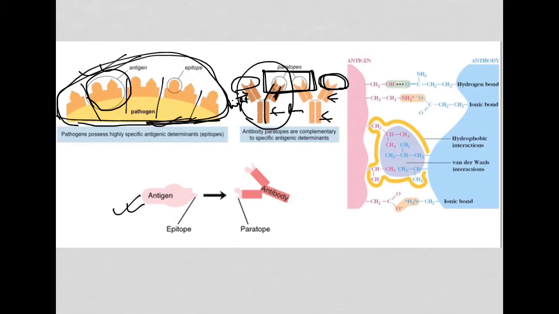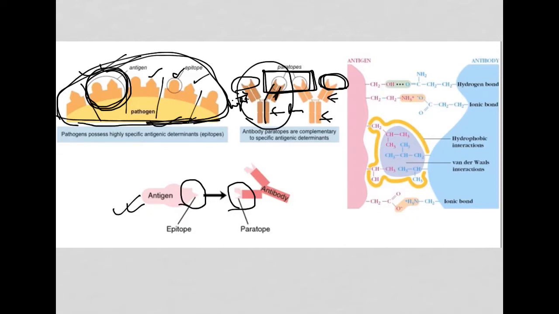So suppose this portion is called antigen, and this portion binds to a particular antibody, this portion and this portion. These two parts which bind to the antibody are known as epitope. So what we have learned, the portion of the antibody that binds to antigen is called paratope, and the part of the antigen which binds to antibody is known as epitope.